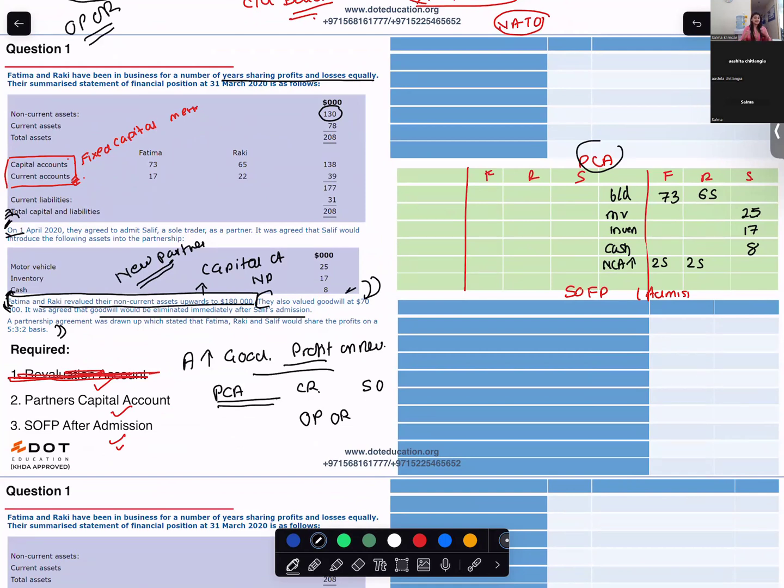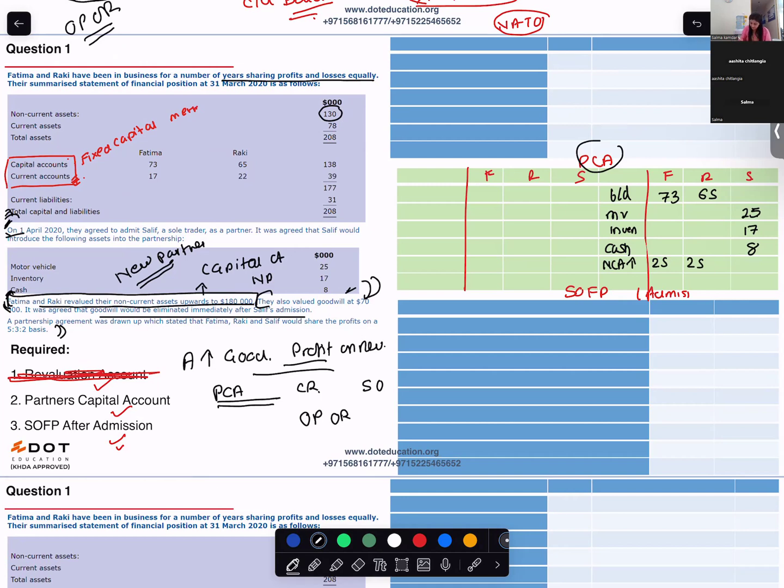So it is raised and written off, amongst Fatima and Rakhi, the old partners, in the old ratio. Goodwill raised is on the credit side and goodwill written off is on the debit side.